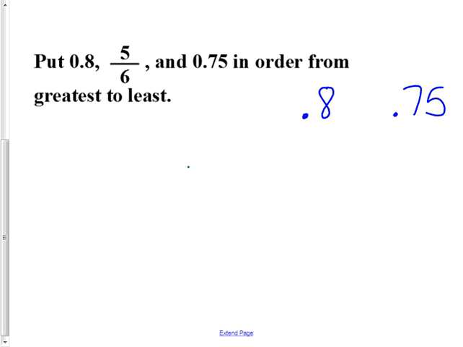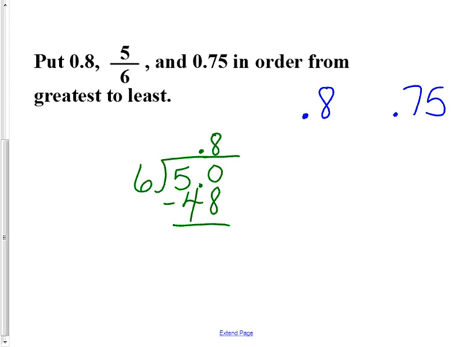So I can work out the value of 5/6, and when I do that, I'm going to get that it's actually going to be greater than both of them, because I'm going to get a repeating decimal, and it's definitely greater than 8/10 because 8/10 would be followed by zeros. This one is going to be a repeating decimal with 83 hundredths.